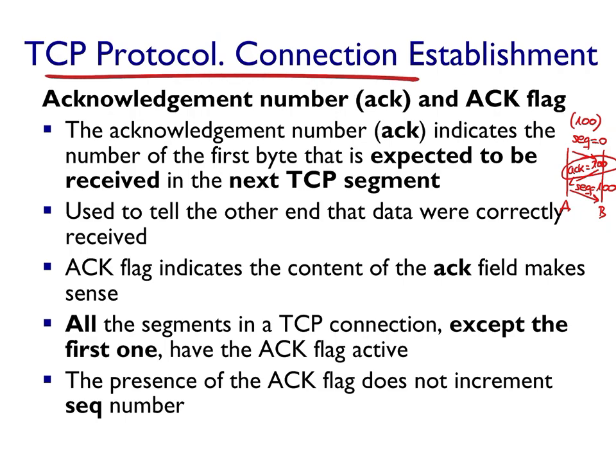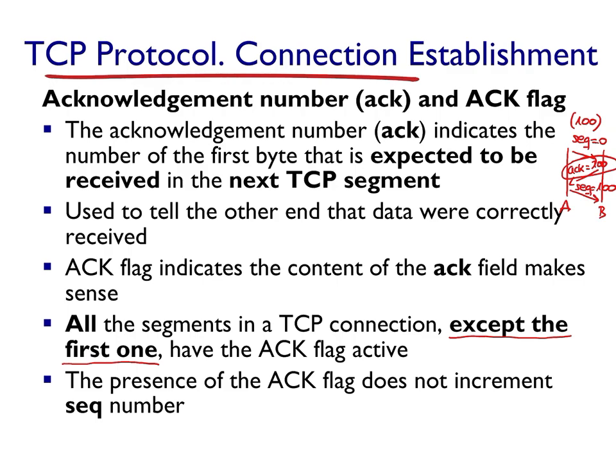So this combination of sequence numbers and ACK numbers is used for ensuring that all data have been correctly received by the destination. All the segments in the TCP connection except the first one have the ACK flag active, right?